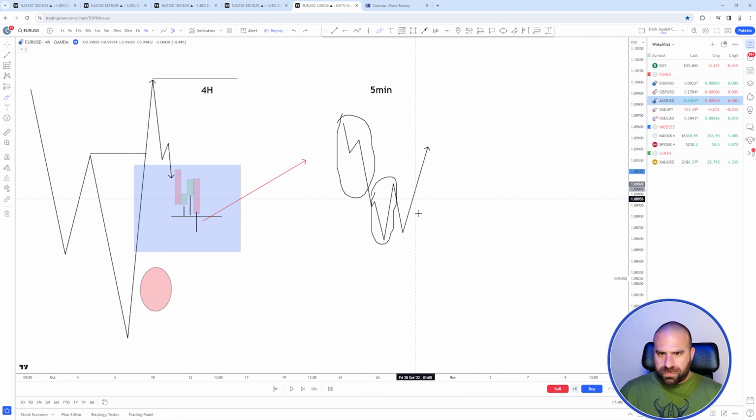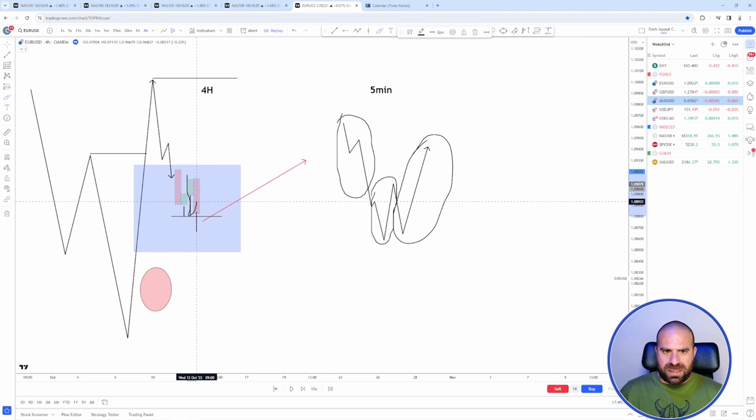Then if the third is to begin, it would start here where the second one closed. It would go down and then it would go and close all the way up. So this is the third candlestick right here.